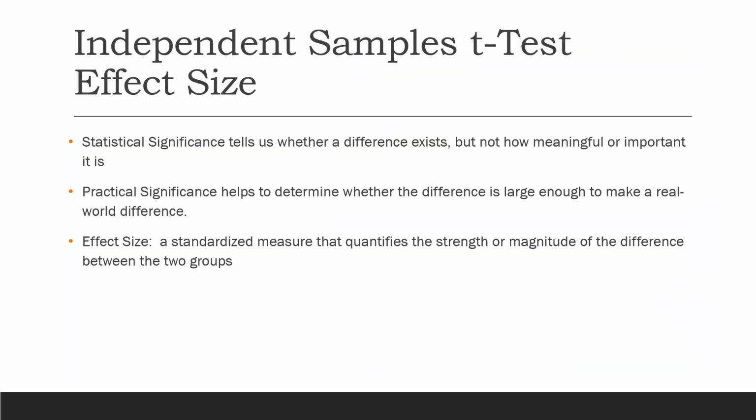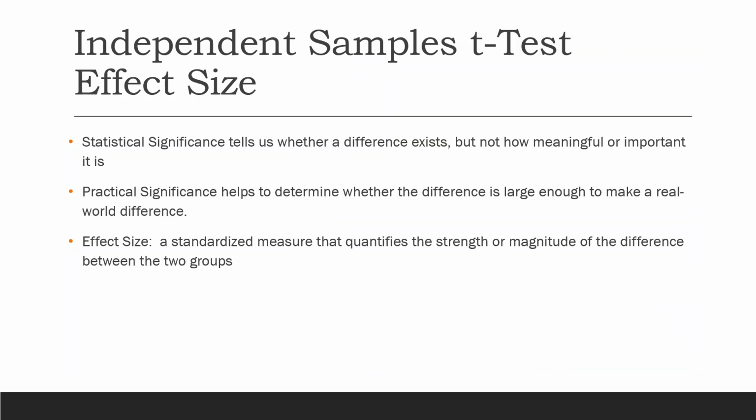That is where practical significance comes into play. Practical significance helps to determine whether the difference is large enough to make a real world impact. We'll be honest here, sometimes it's based solely on sample size. If our sample size is really large, it's going to be easier to detect differences compared to if our sample size is small.